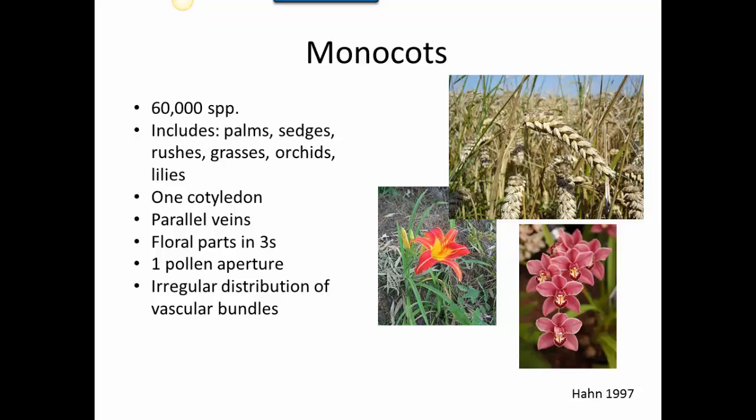So they have one cotyledon, the embryo within the seed is one cotyledon. Their veins on their leaves are parallel. They have floral parts in 3s or some multiple of 3. Their pollen has one pore or aperture. And there's an irregular distribution of the vascular bundles within the stem.